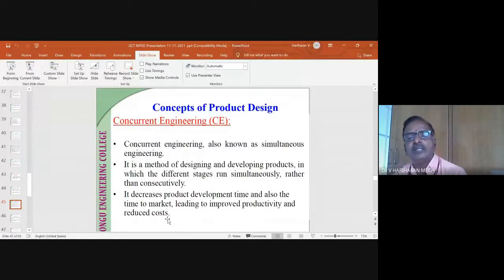So it decreases the product development time and also the time to market. So the concurrent engineering concept is used for decreasing time. The time for design and development of the product decreases, and you can give your component to the market in a very short duration. This will lead to improved productivity and reduced cost.